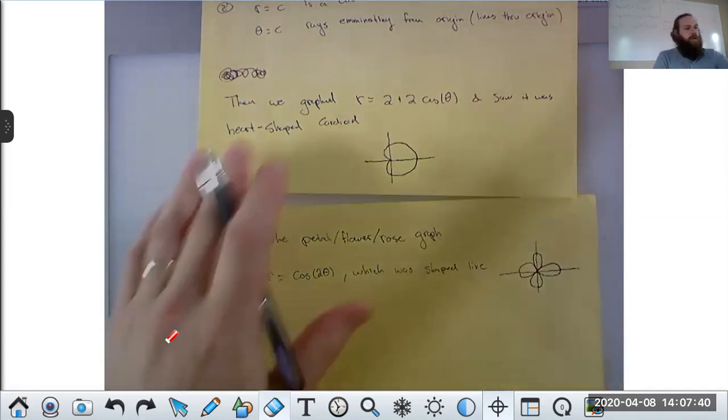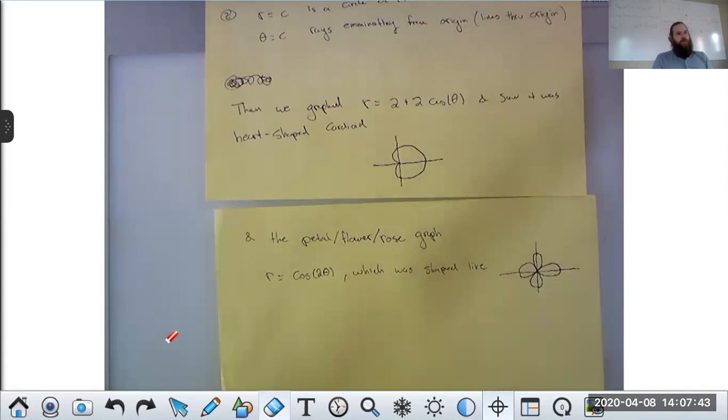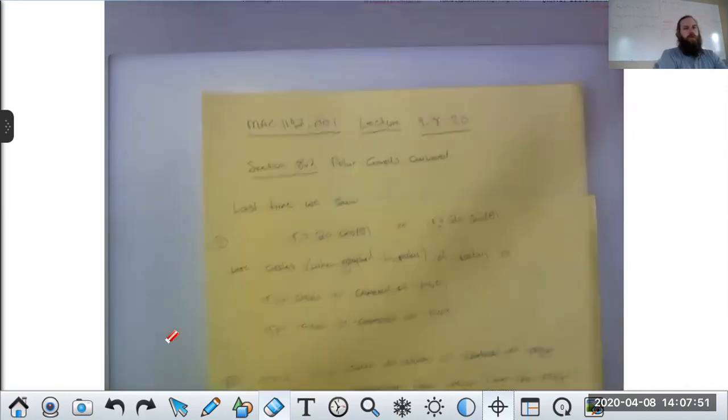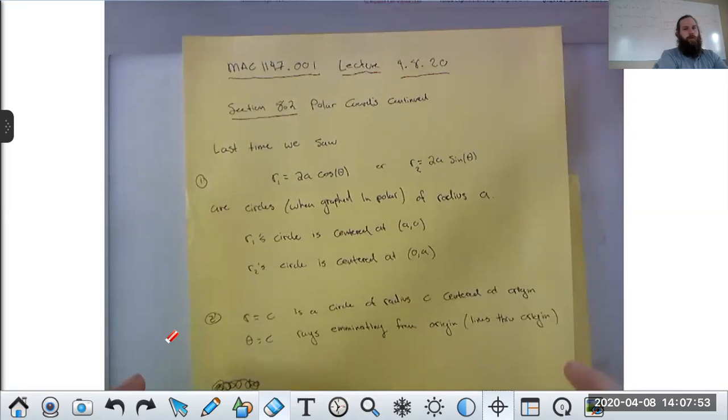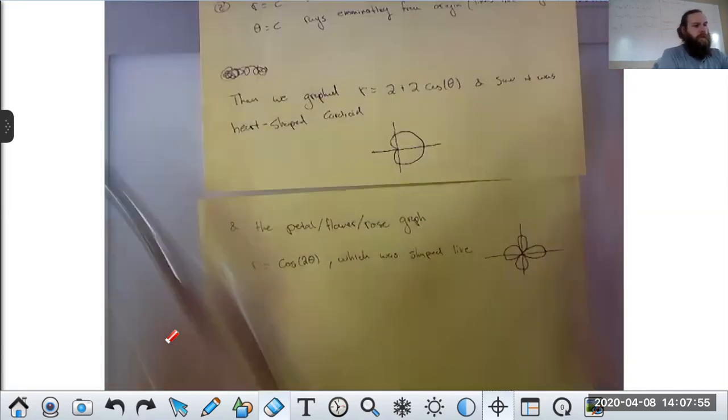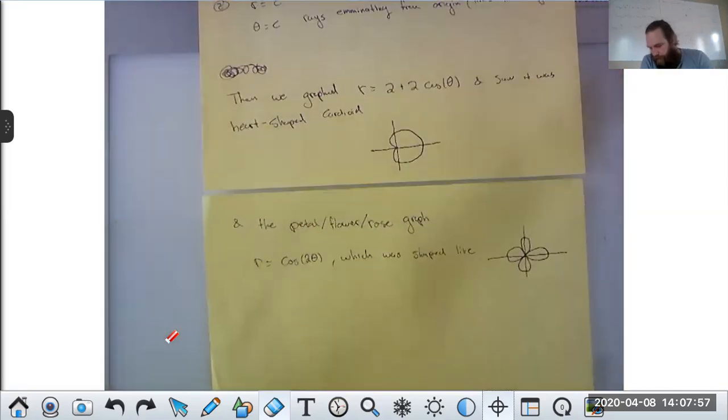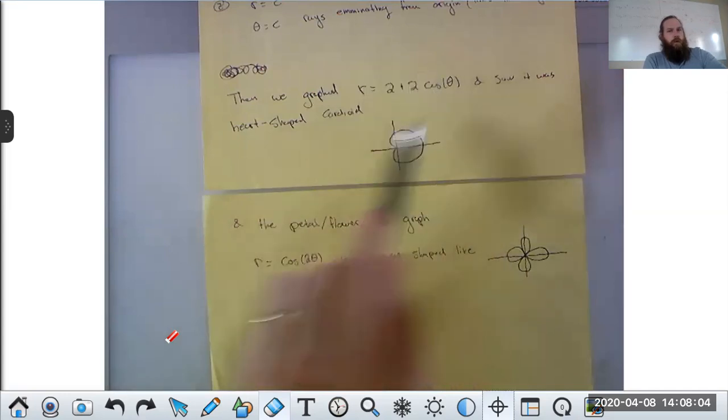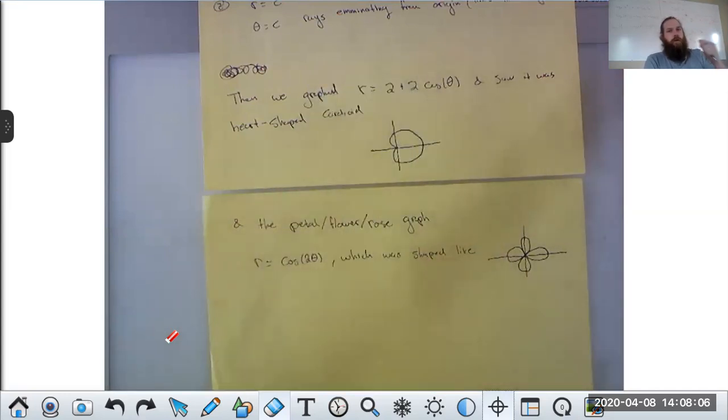So these last two are also members of larger families. And one of the things I would like to do today is to explore those families in a little bit more detail to come to a general result akin to what we had for the circles. So equations that look like this cardioid's equation, 2 plus 2 cos theta, don't always yield exactly cardioids.